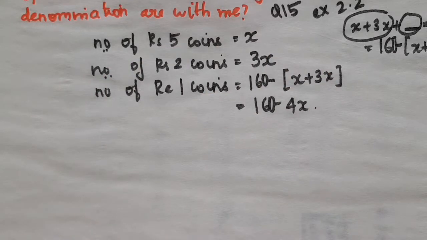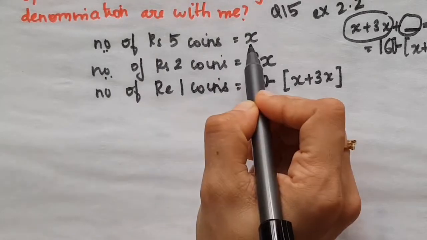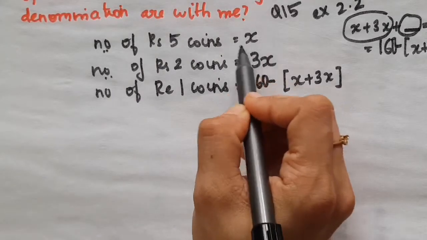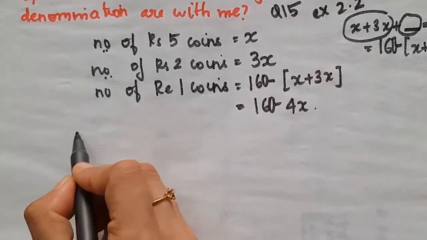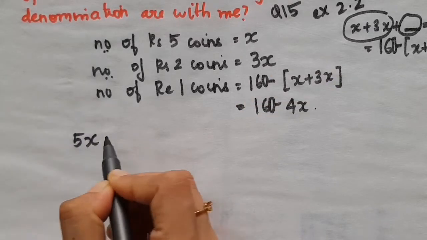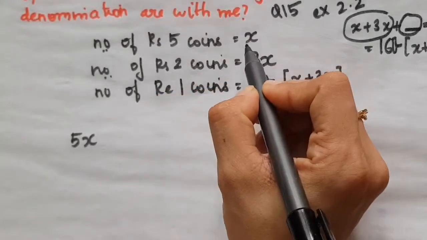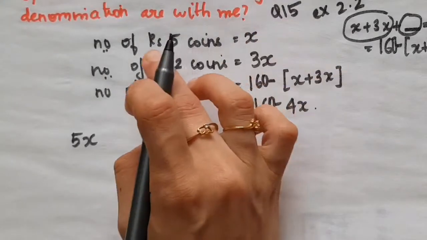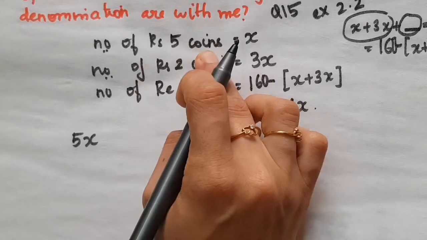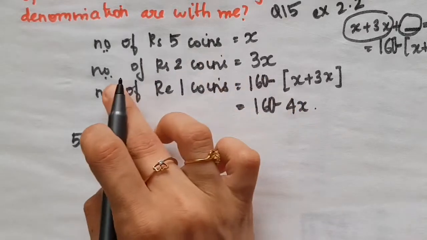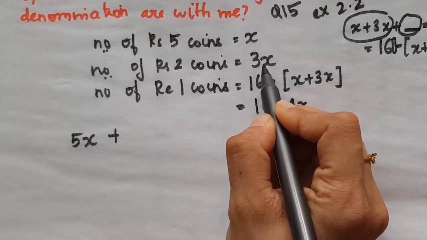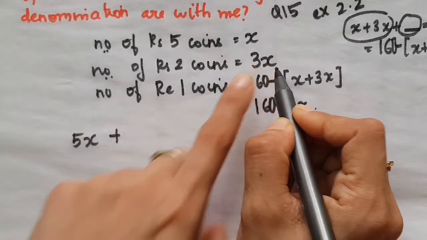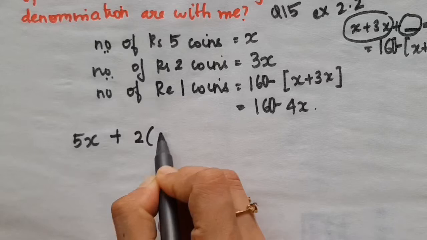As I said, the number of rupees 5 coins is x. So the amount we get from this is how much? It will be 5 times x, that is 5 into x, the amount of money we get from rupees 5 coins. The number of rupees 2 coins is 3x, so the amount we get from these will be 2 times 3x.